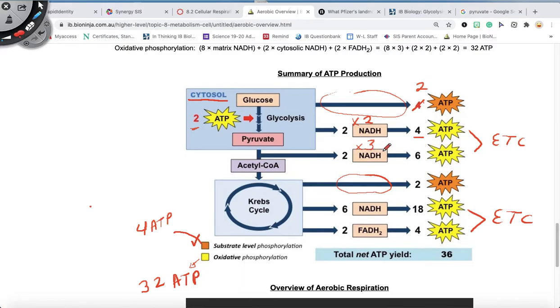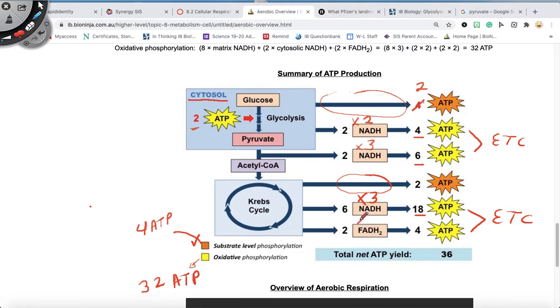In this case, it can release 3 ATP molecules per hydrogen carrier, for a total of 6 ATP molecules generated in the electron transfer chain. Same thing here: since the Krebs cycle is in the mitochondria, this hydrogen carrier can release 3 ATP molecules per hydrogen carrier, for a total of 18 ATPs released in the electron transfer chain.